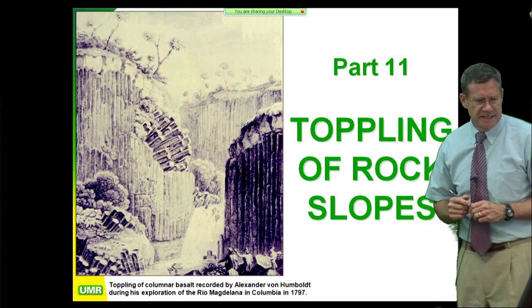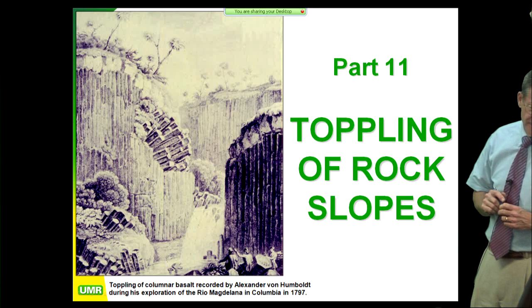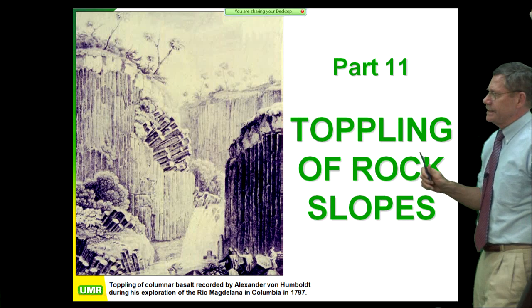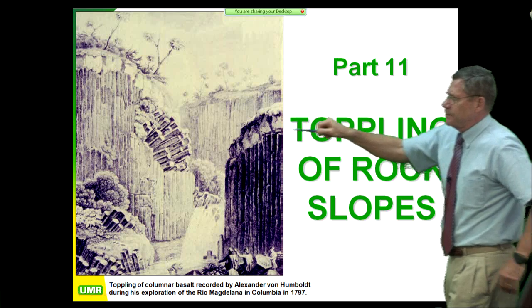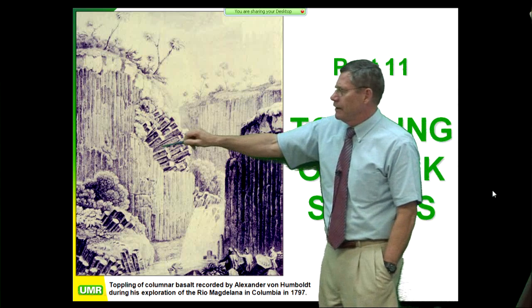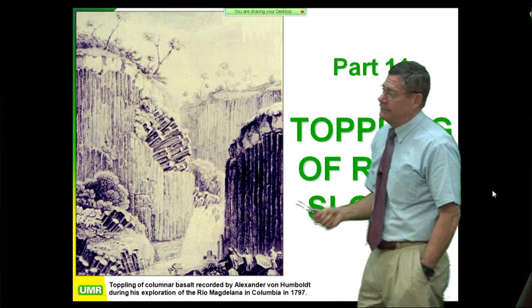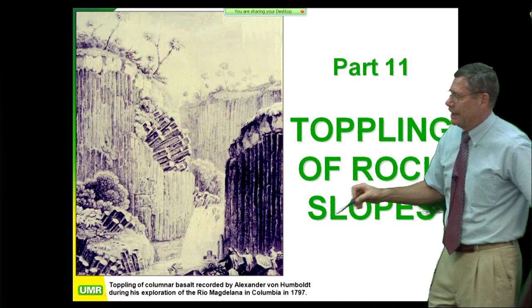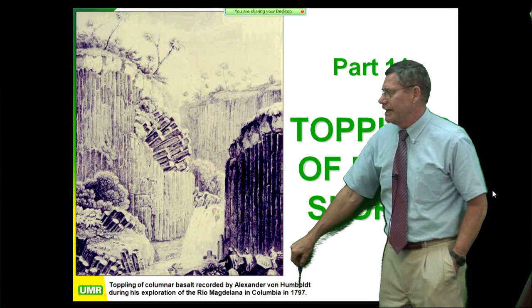Part 11 is toppling of rock slopes. This is a topple that was sketched by Alexander von Humboldt when he went up the Rio Magdalena, which is now in western Colombia, back in 1797.